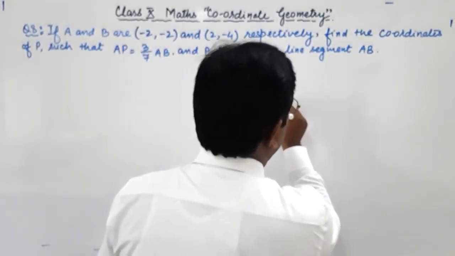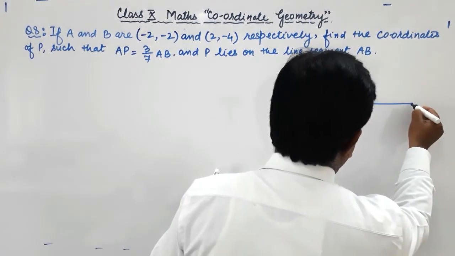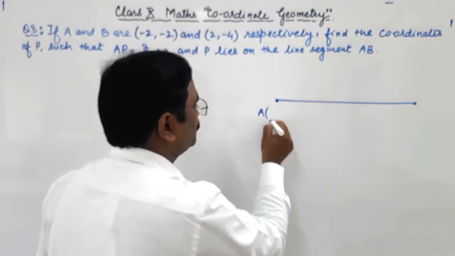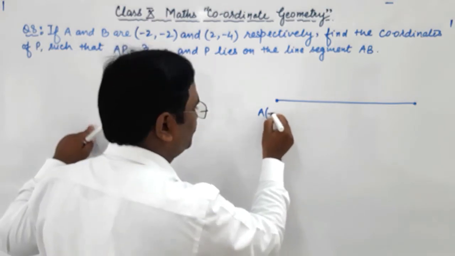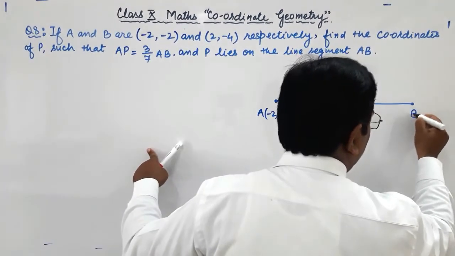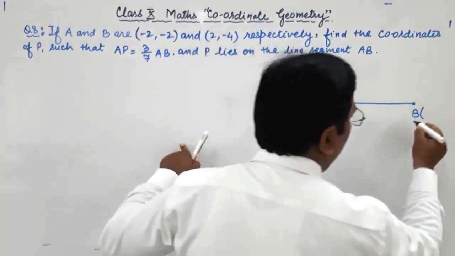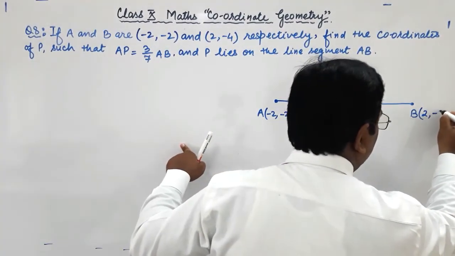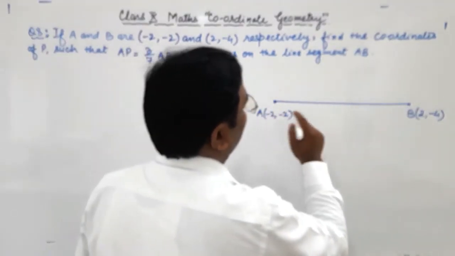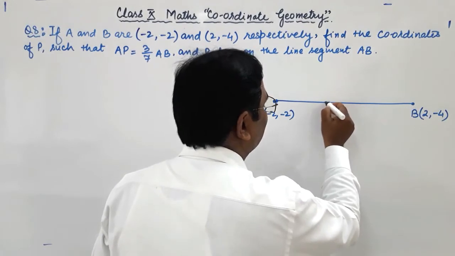Let this is the line segment AB. Okay. It is A whose coordinates are (minus 2, minus 2). It is B and its coordinates are (2, minus 4). P lies on this line segment, say it is here.